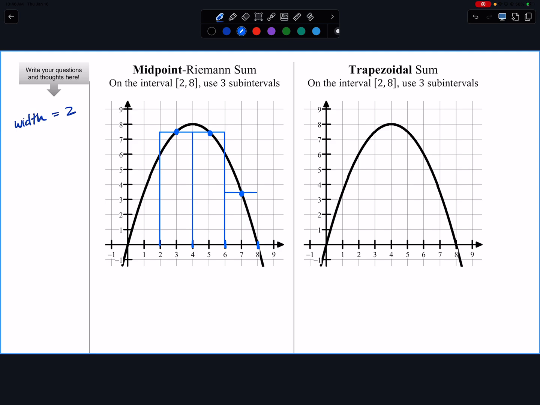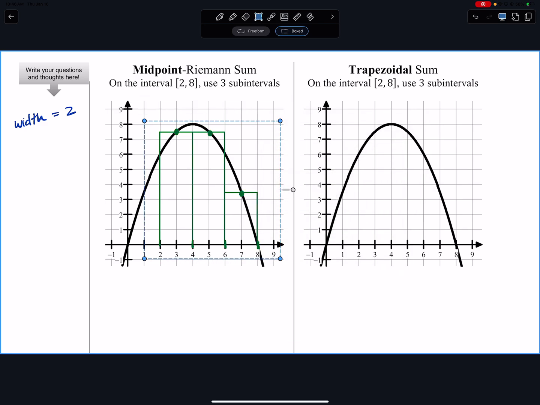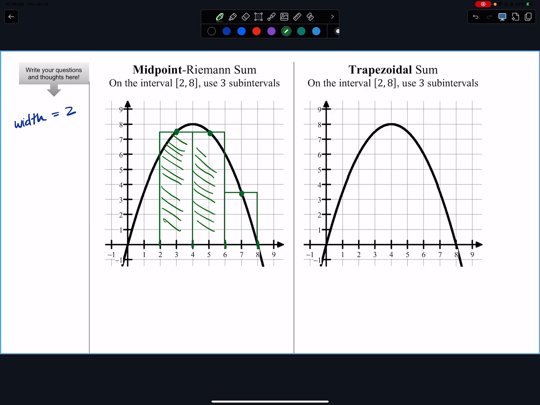So a rectangle should look something like that. Okay, so this is where this one's a little bit different. Please don't guess what the function would be.